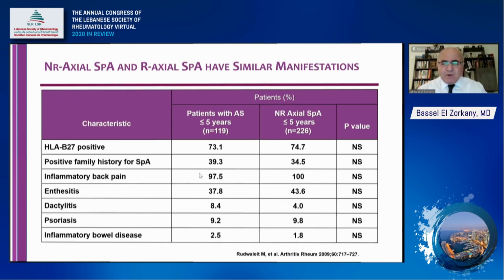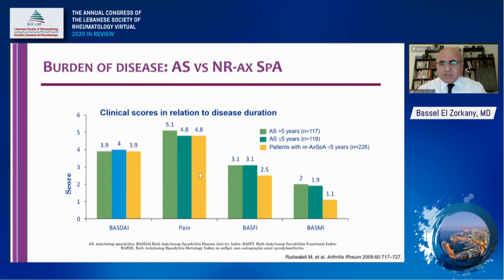The only difference is that both patients can have the same disease activity, the same amount of pain, but it seems that the metrology, the measurements, the mobility is better in non-radiographic, and subsequently the function can be better.